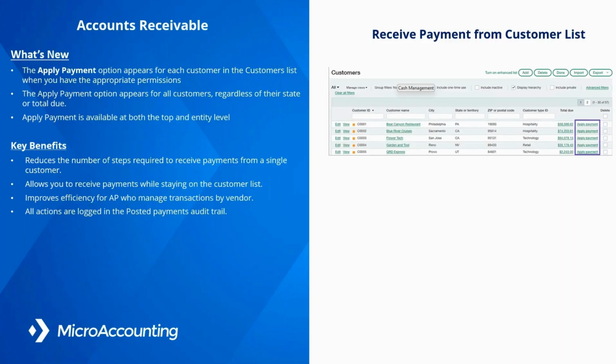So now I can remain on the customer list. So I'm in AR, I'm in customers, I'm at that customer list view. And now I have a new column that will say apply payment. Same concept as accounts payable. If I'm using especially my new view, I can filter on my customer.